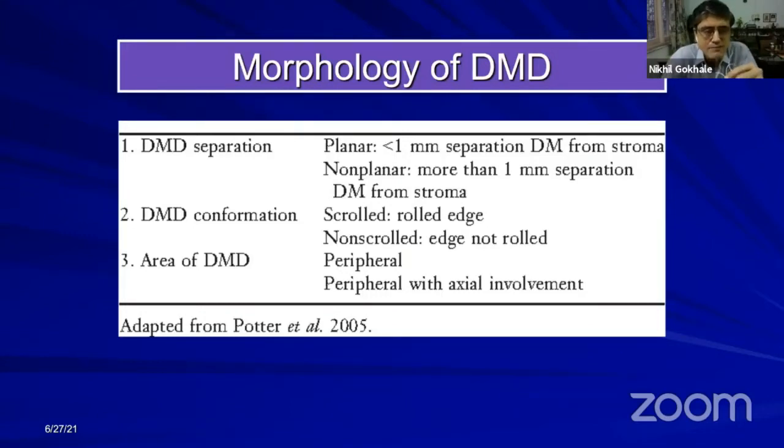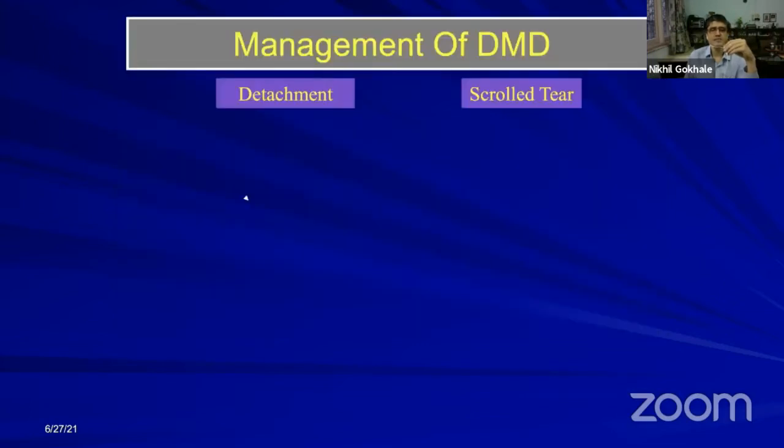That means how much is the gap between the stroma and the Descemet membrane, and also look whether this is a detachment, whether it's a tear, whether it is scrolled or not scrolled, and what area is involved, and what is the size of the area of detachment. Based on these, one would determine how you would treat a patient with Descemet detachment.